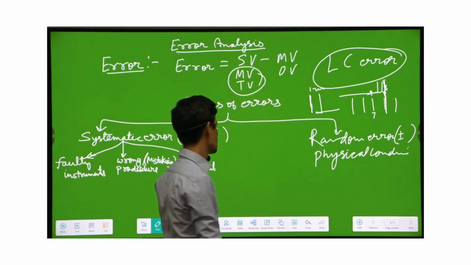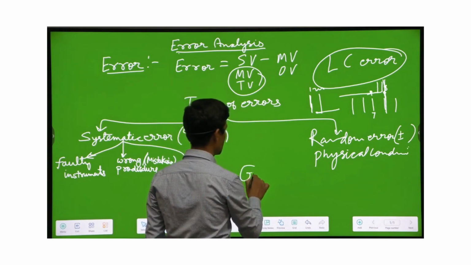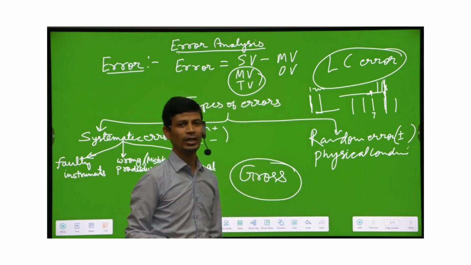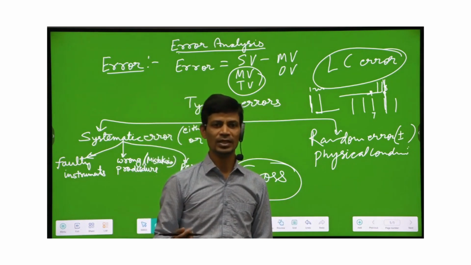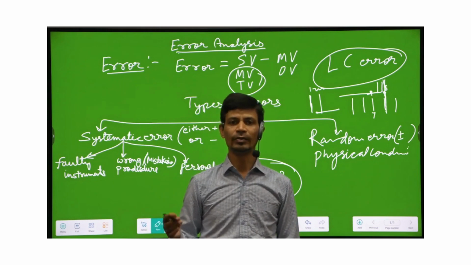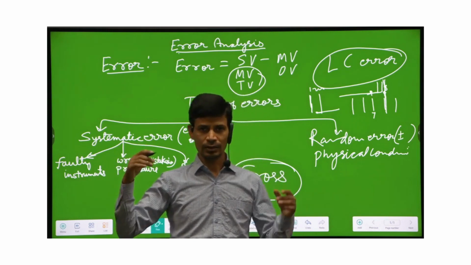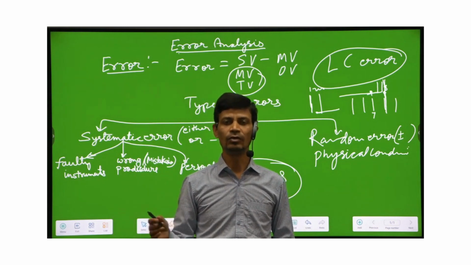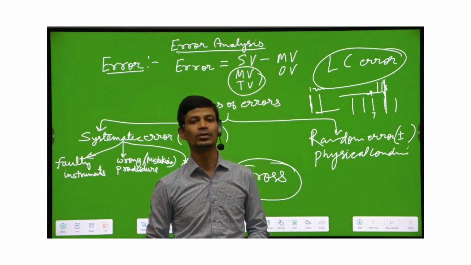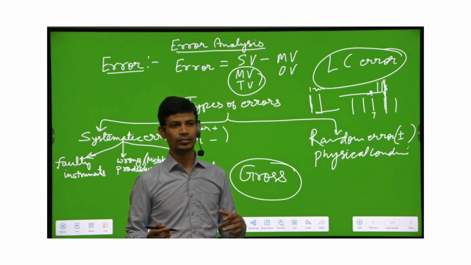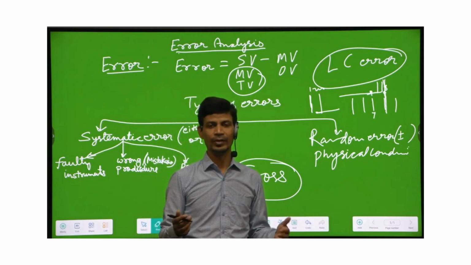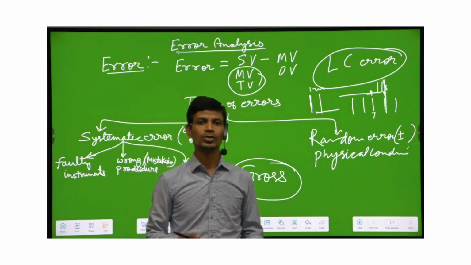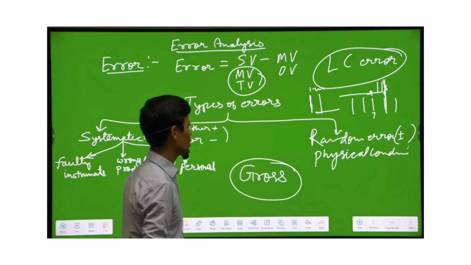Apart from this, there is a term sometimes called gross error. Gross error is just the human error while taking the measurement, writing it in a wrong manner. If someone else is reporting, someone else is writing it down, and if there is so much disturbance between them and wrong communication between them, such a type of error can occur.